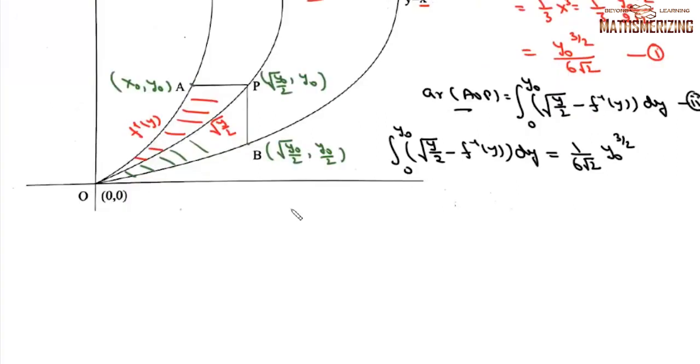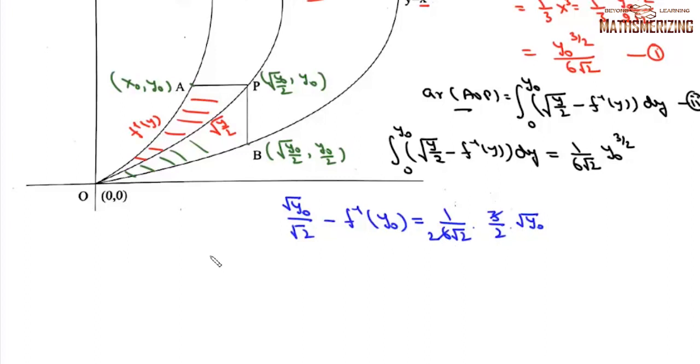So if we differentiate it, we can write square root of y naught by root 2 minus f inverse of y naught will be equal to 1 upon 6 root 2 times 3 by 2 into square root of y naught. Now here 3 and 6 will cancel, so it will be 1 upon 4 root 2.